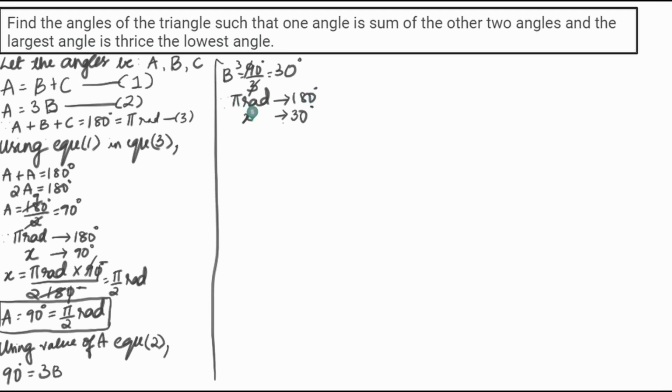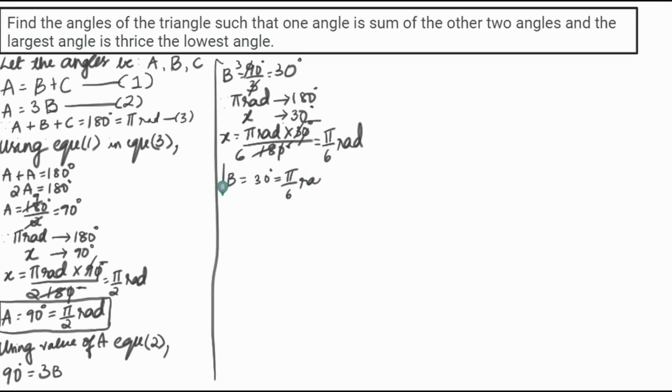When I cross multiply this, I get x is equal to pi radians into 30 degrees divided by 180 degrees. 0 and 0 cancel out each other, degree unit and degree unit cancel out each other. 3 into 6 is 18, so we get pi by 6 radians. So therefore, angle B is equal to 30 degrees, which is equal to pi by 6 radians.